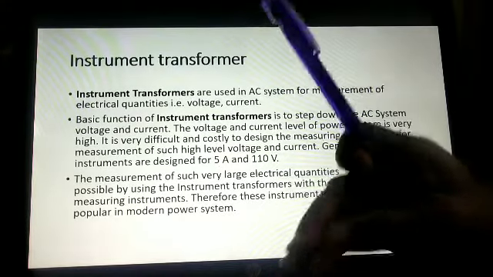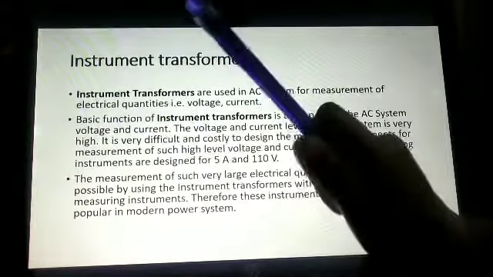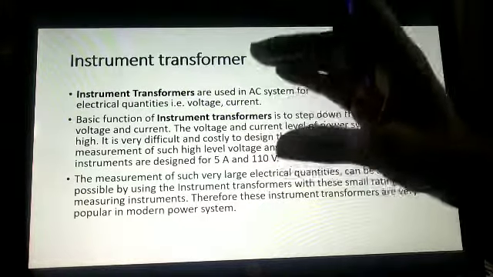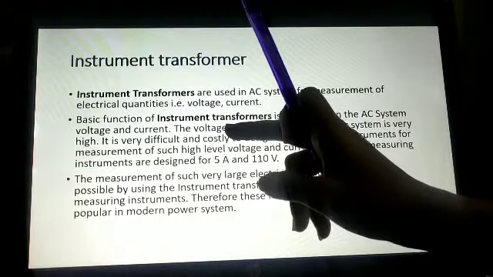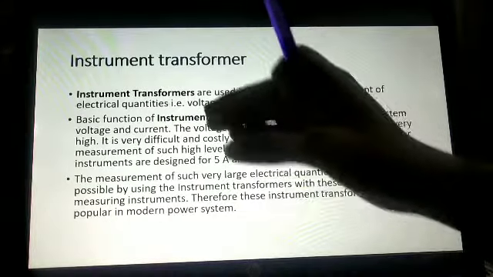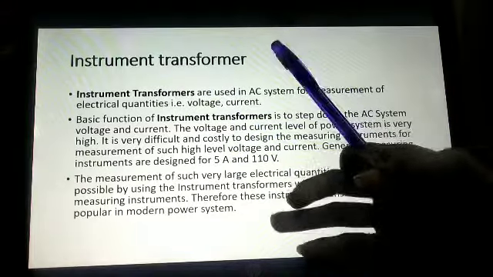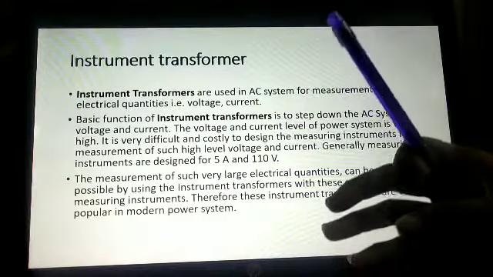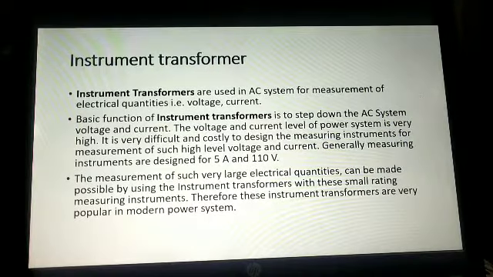But whenever we need to measure higher value current and voltage, we require instrument transformer. So what is the basic function? That high value current or high value voltage, the instrument transformer will step down. That means the values of that current and voltage are decreased, converted from high values into low values, right? Now it is easy to measure values of current and voltage.